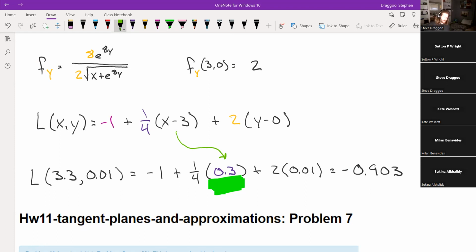And sort of the way that I think about this problem is that the x value I'm evaluating the linearization at is 0.3 away from my center. And then how did I know that x was 3.3, as the follow-up question to that?